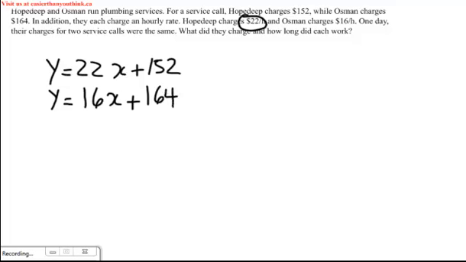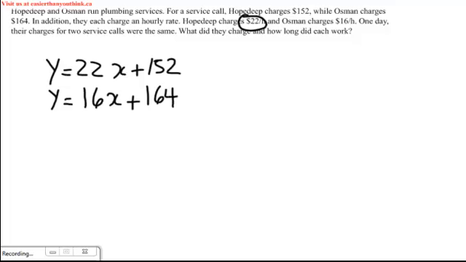Again, I emphasize that the 22 and 16 are the rate of change, or rate of charge, because you have the keyword per hour. So that's why we have it on the left of x.